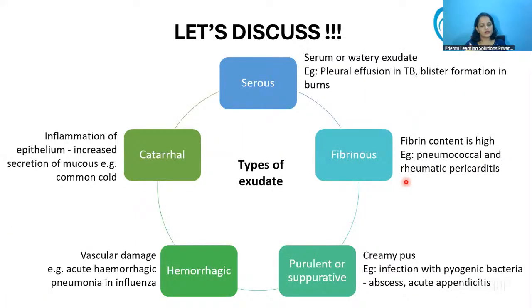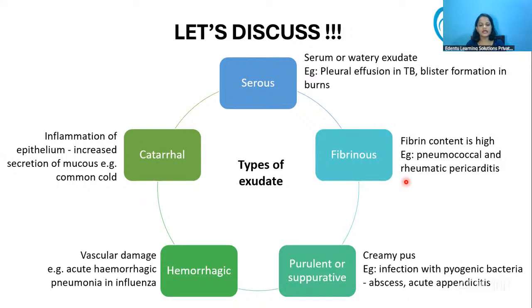If you look at the types of exudate, there is serous exudate, which will usually be watery, which you can see in pleural effusion in TB and in burns also. Fibrinous exudate, which you will mostly see in pneumococcal and rheumatic pericarditis. Purulent and suppurative, the pus, in abscess and acute appendicitis and all.